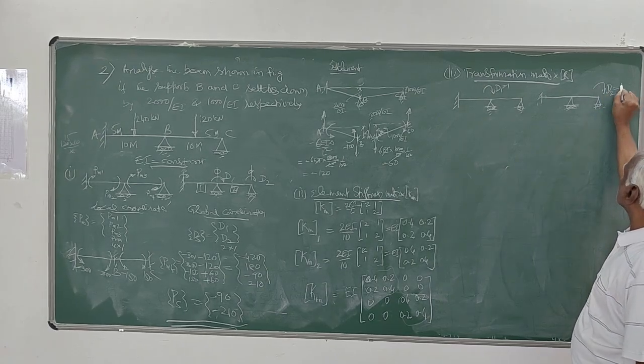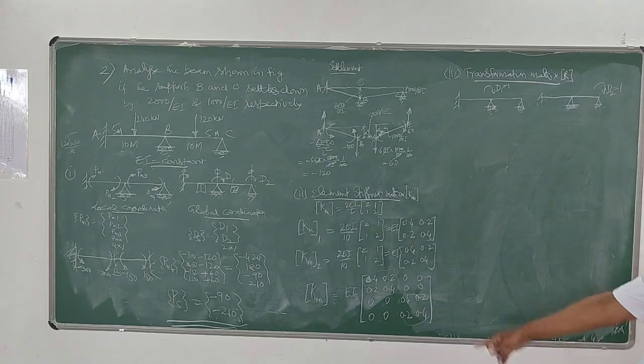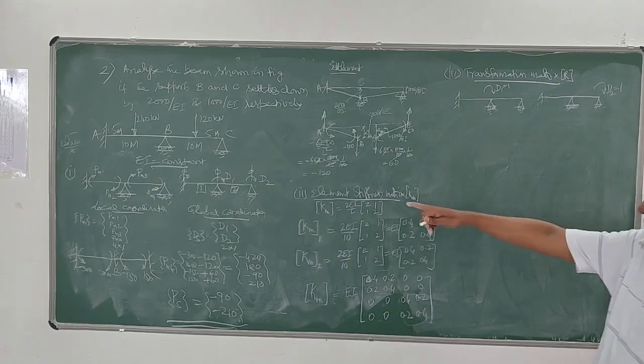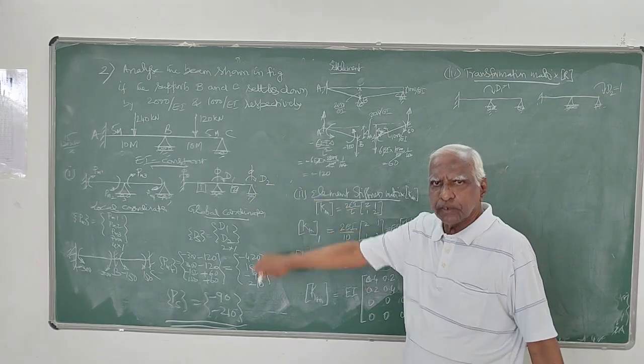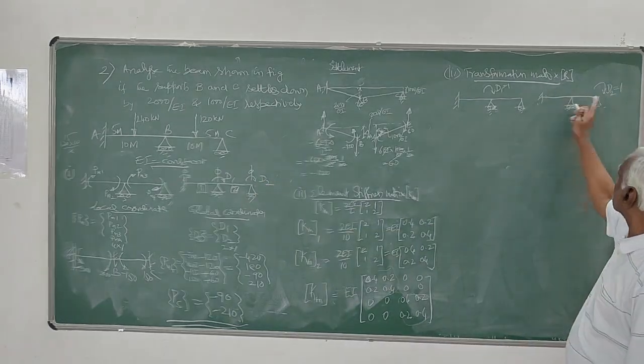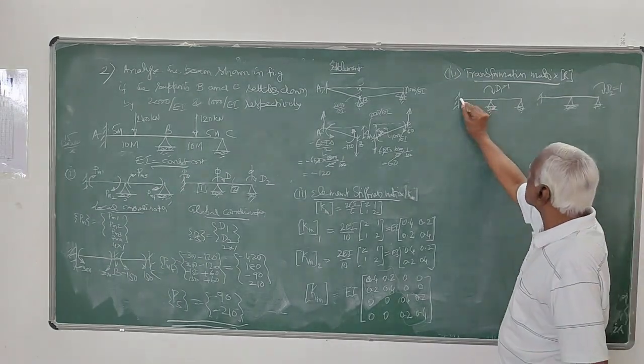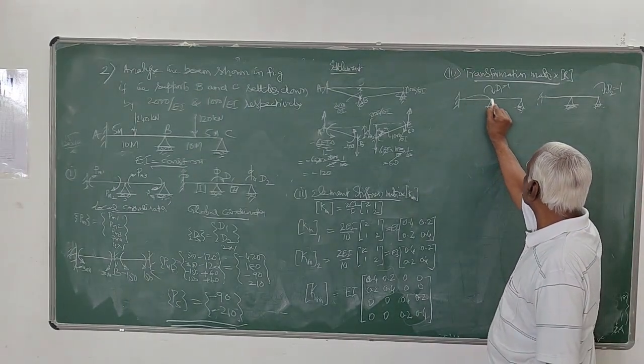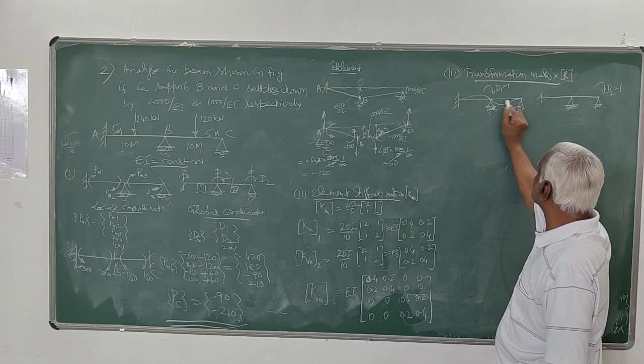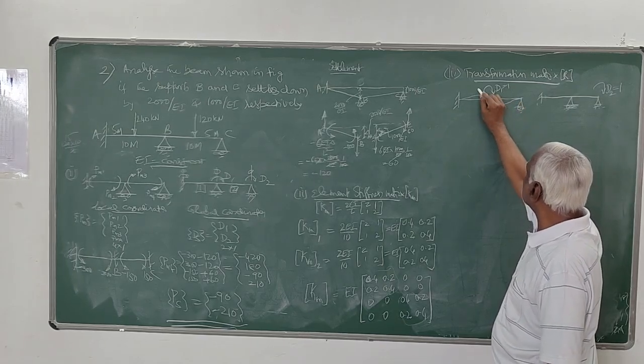Corresponding to the two global coordinates, D1 and D2, give unit displacement. D1 equals 1, D2 equals 1. Others you have to restrict. So here, as before, it will displace like that. This is the displacement.